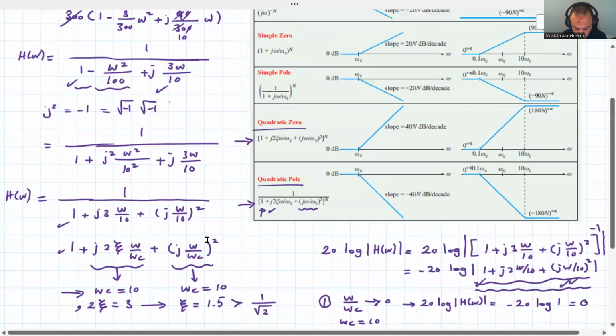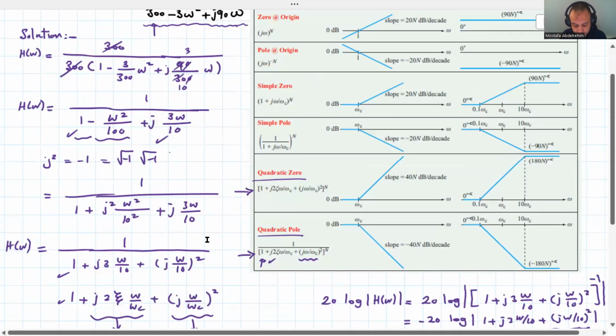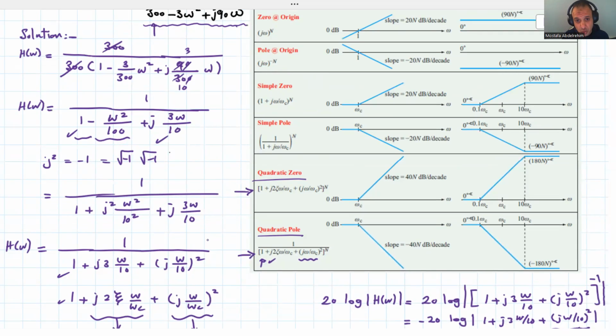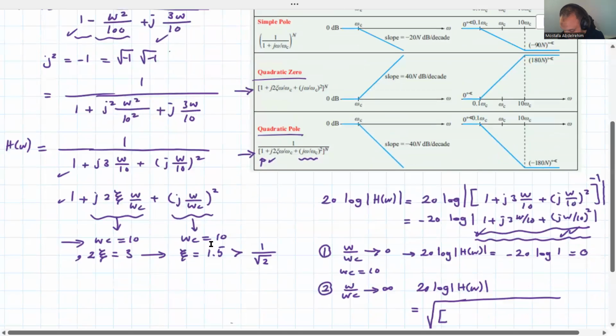Why? Let's go back to the origin of this term. It was actually minus omega squared over minus 100. That's basically real, 100%. But we just manipulated it by taking the -1 and making it j squared, which doesn't change the nature of it. It's real because j squared is -1. It's a real number, not imaginary.